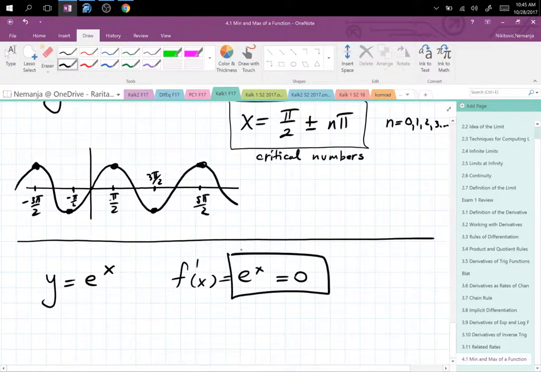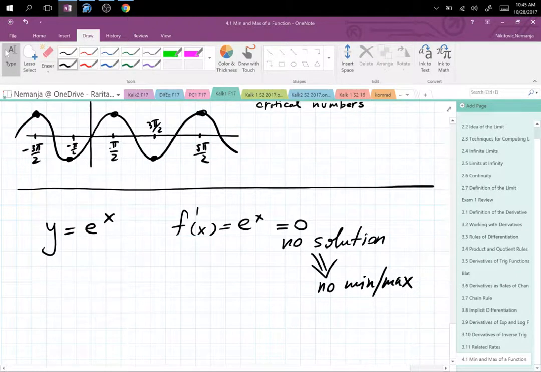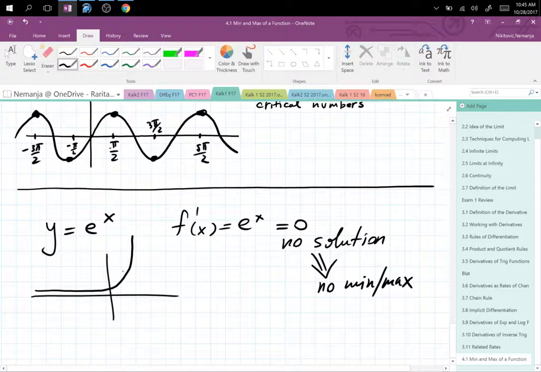Solve this equation. Come on. What is the solution for this equation? No solution. What does that mean? No min max.